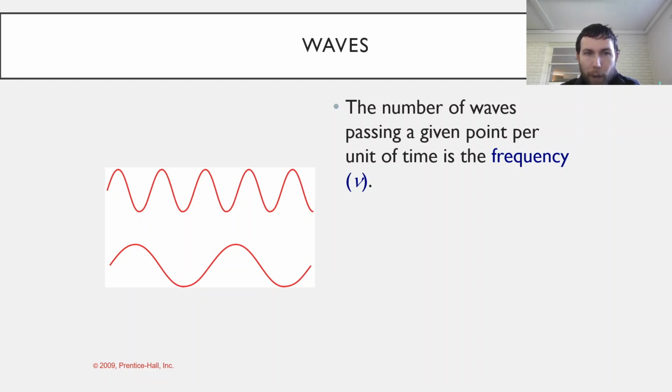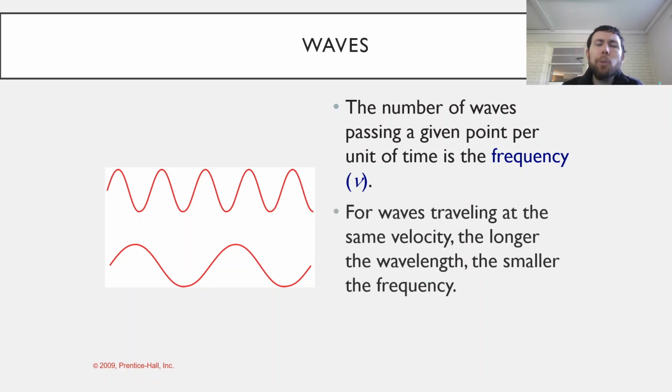There are more wavelengths present in that top wave than in the bottom one. Frequency is given a Greek letter, nu. I'm not Greek, so I don't use the Greek alphabet all that often.